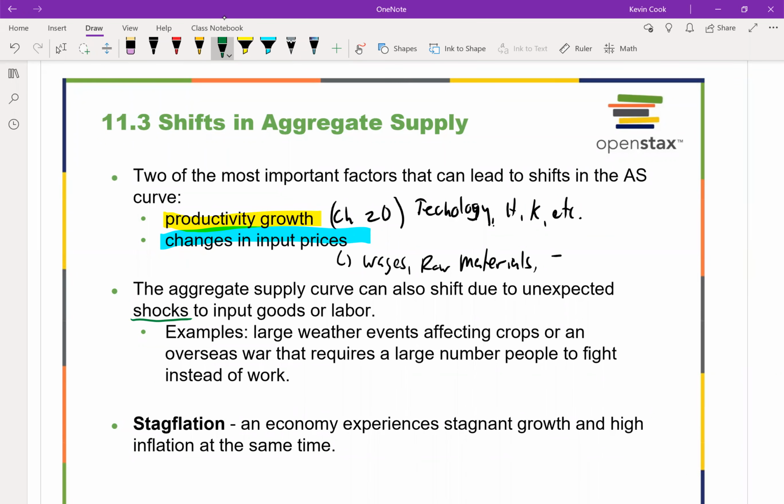More commonly, what we may see is something like a large-scale weather event, or maybe a war overseas where people can't be here producing goods. Instead, they have to be either evacuating or fighting in a war, or whatever the case may be. But again, we're looking at that aggregate supply and really seeing what's going on there.